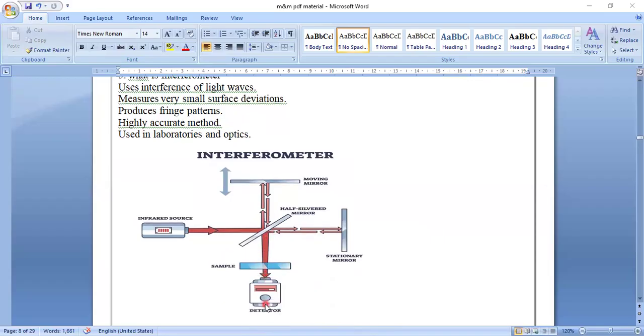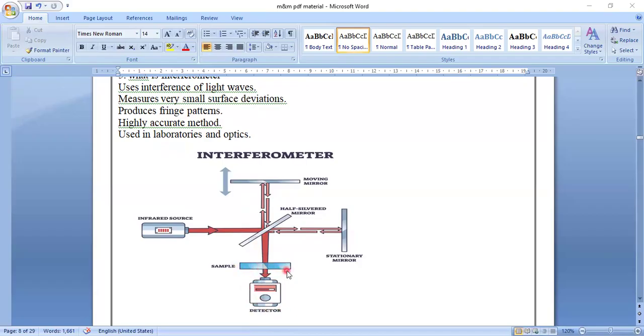Then they go on and are detected here. The distance of the moving mirror and the fixed mirror is read along one line and comes to the detector. It is shown in the detector display.